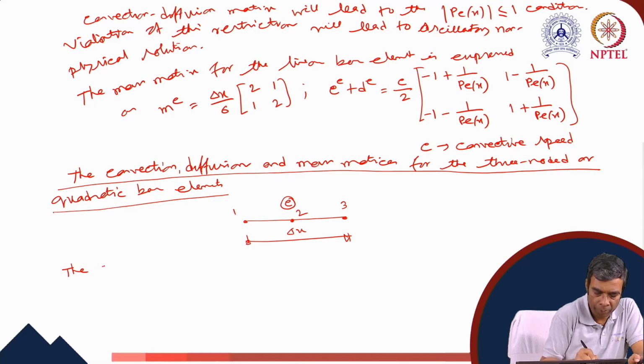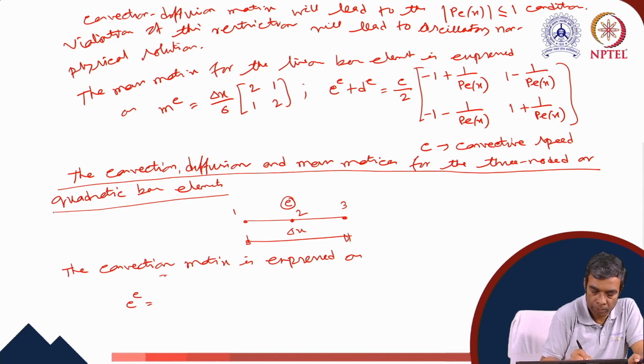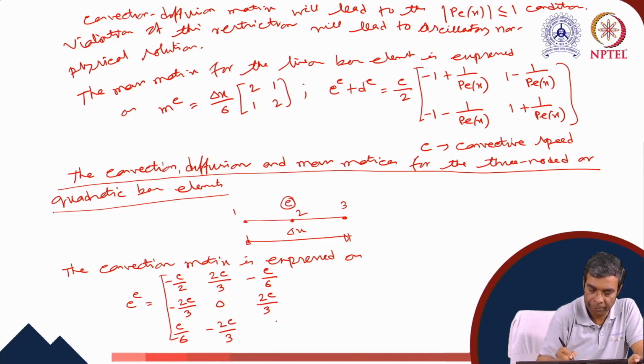The convection matrix is expressed as CE equals minus C by 2, 2C by 3, minus C by 6, minus 2C by 3, 0, 2C by 3, C by 6, minus 2C by 3, and finally we have C by 2.